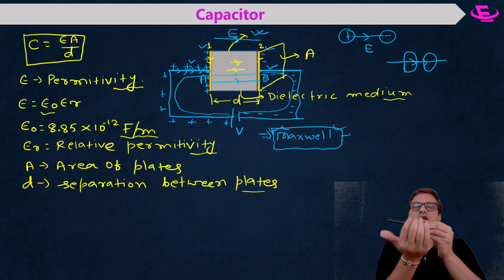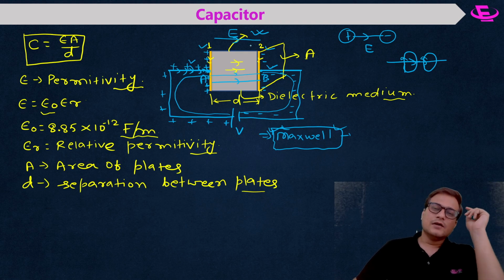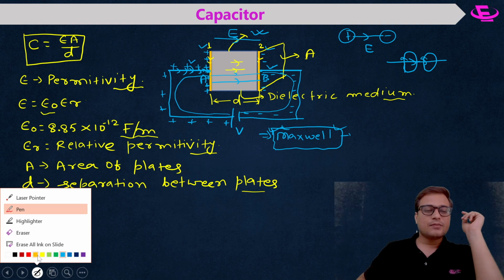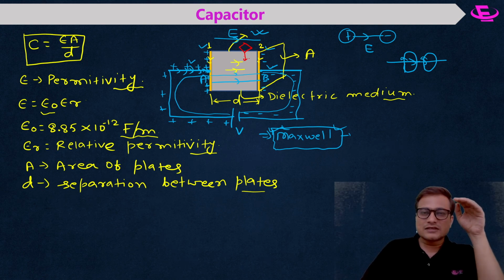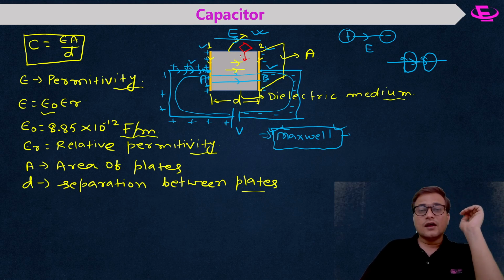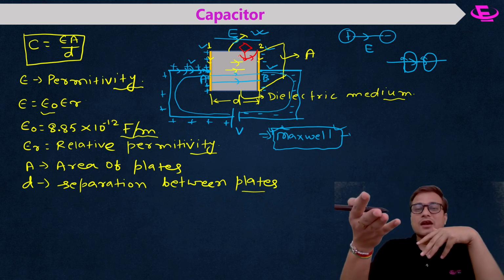So he thought, let us keep a magnetic needle. He placed a magnetic needle here. The moment he placed the magnetic needle and connected the supply, what did he see? He saw a very interesting thing. He saw that there is deflection in the magnetic needle.